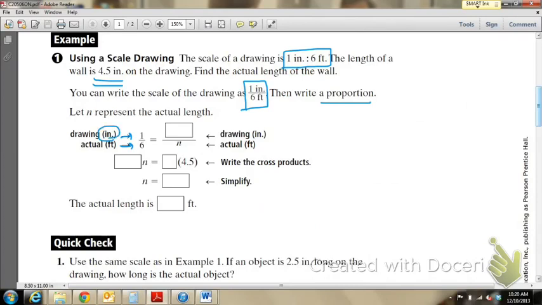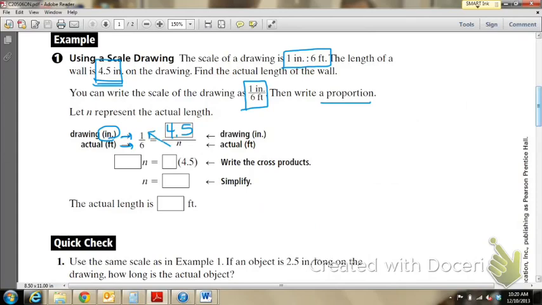1 was the inches. So when I use the other number they gave me, the 4.5 inches, I need to put it in the same position as the other inches. So I'm going to put it in the top. I don't know the actual feet, so I put a letter. They chose to use N. Now you're going to go ahead and do your cross products.